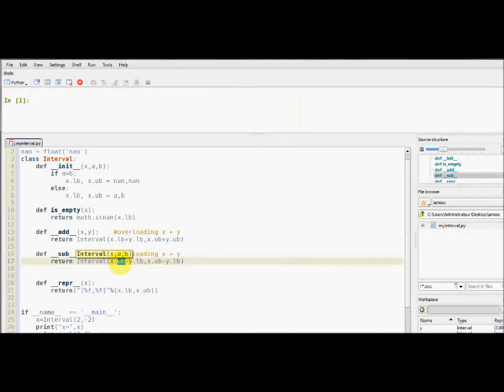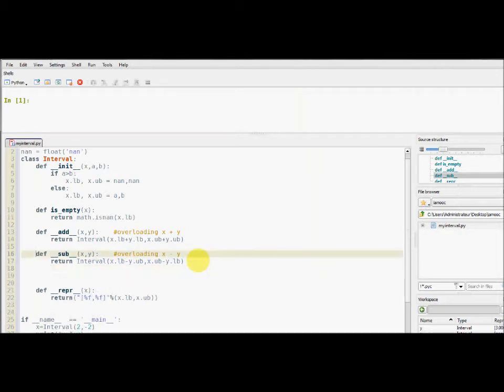So sorry, here it was lower bound of x, upper bound of y, upper bound minus lower bound. That's good. So here it's the overloading of the minus.